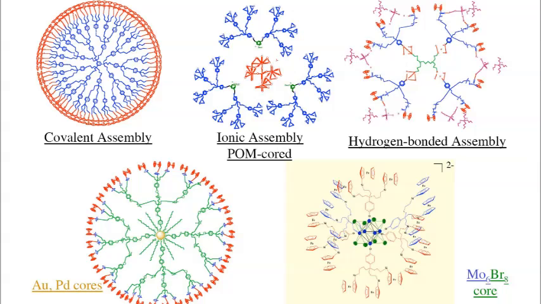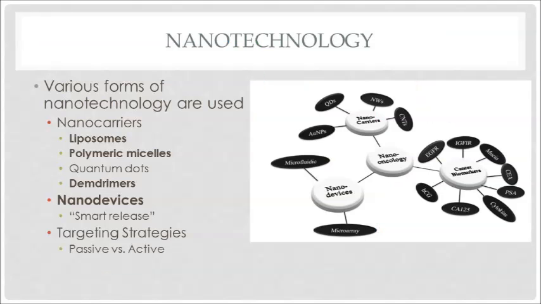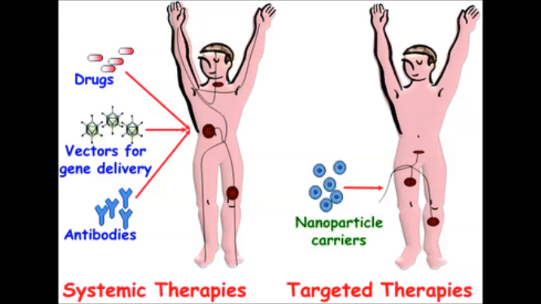So there's also a branch of targeting nanoparticles that specifically target biomarkers on a cancer cell. So there's passive targeting, and there's also active targeting. Passive targeting allows for enhanced permeability and retention along with direct delivery of that drug.